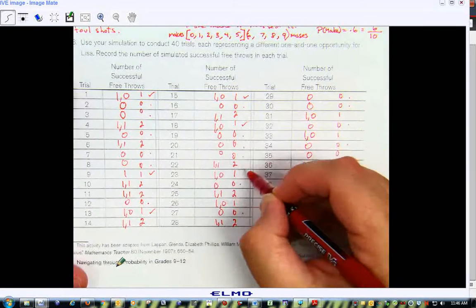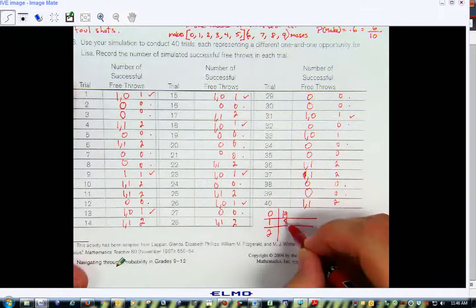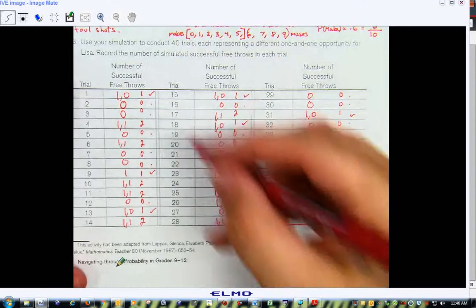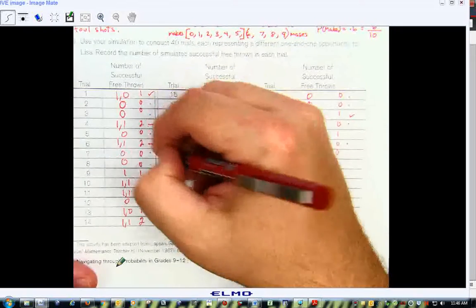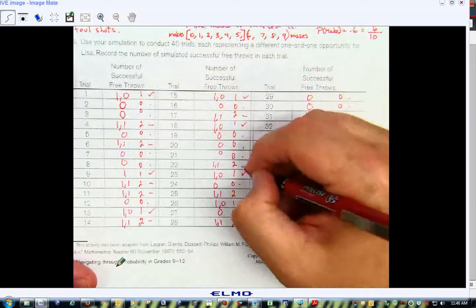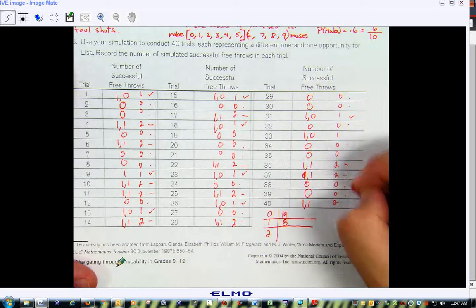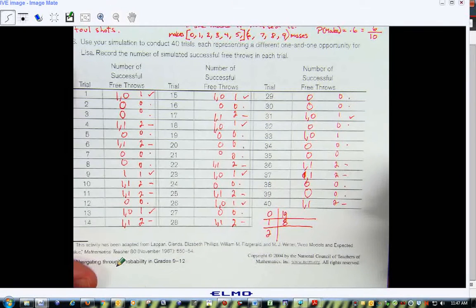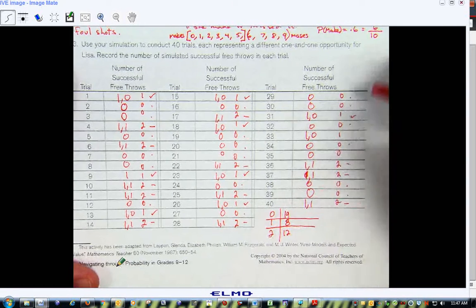There's 8 of those. And for 2s, I'll use a line. 1, 2, 3, 4, 5, 6, 7, 8, 9, 10, 11, 12. And I missed one of the ones, so that's actually a 9.